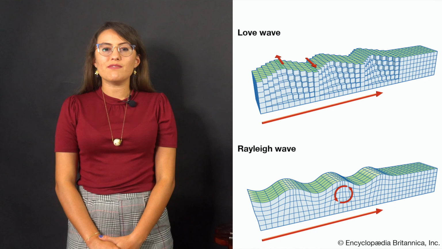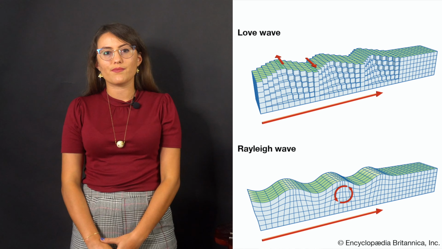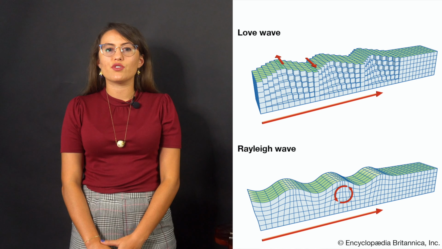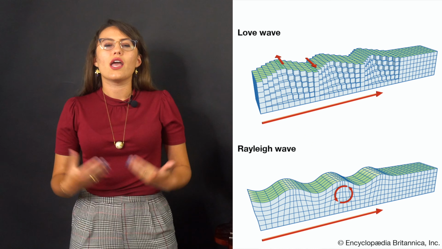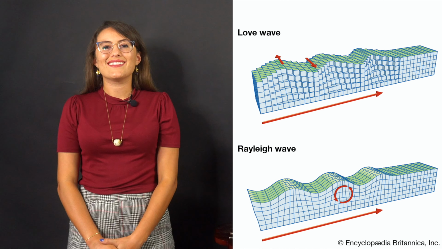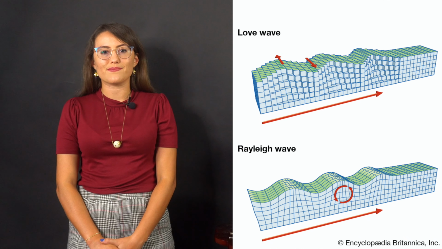Surface waves are a result of body waves reaching the Earth's surface and transforming their energy into surface waves. Rayleigh waves are sometimes referred to as rolling waves and can be seen moving across the Earth's surface and move slower than Love waves. Love waves are surface shearing waves and are associated with horizontal movement.